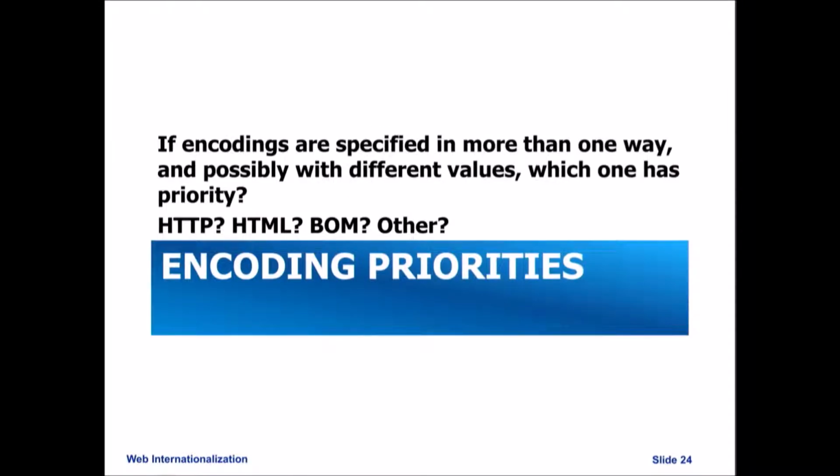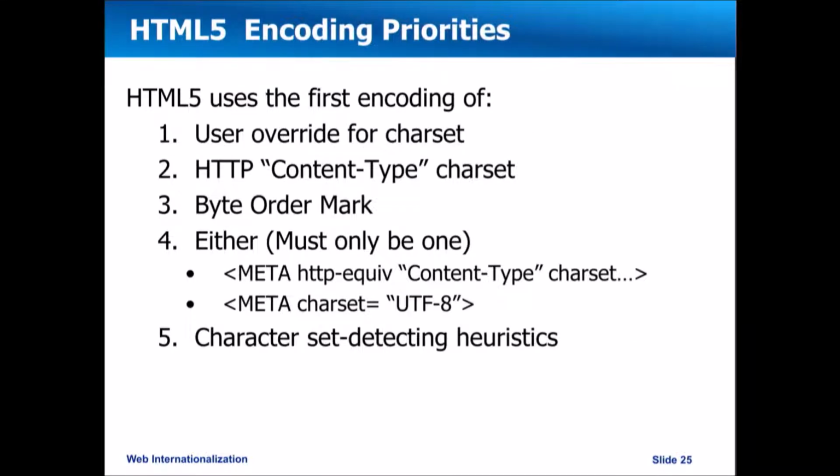All right, I've told you a few different ways to declare an encoding. What if I see more than one? Who wins? Who rules? In HTML5, the specification says, well, first of all, a user can change the encoding in their browser. They're viewing the page and they say, I want to use a different encoding.